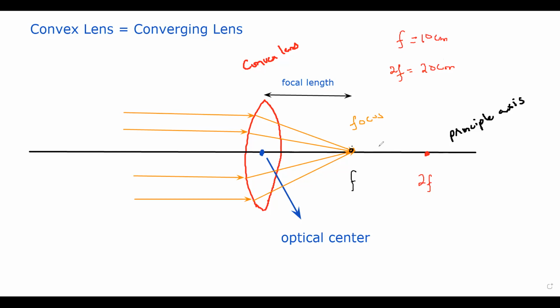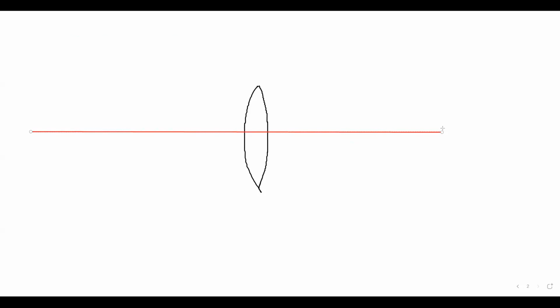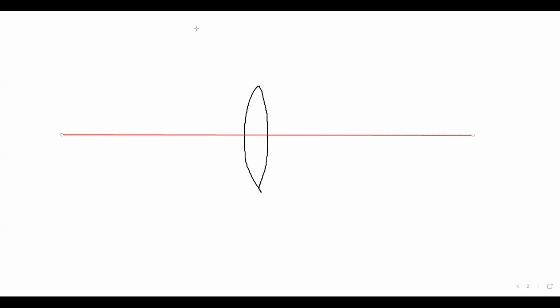So when you have a convex lens, you should be able to mark these points. What are the points? Number one, we will have a convex lens, and the imaginary line which is passing through the center of the lens is known as principal axis.